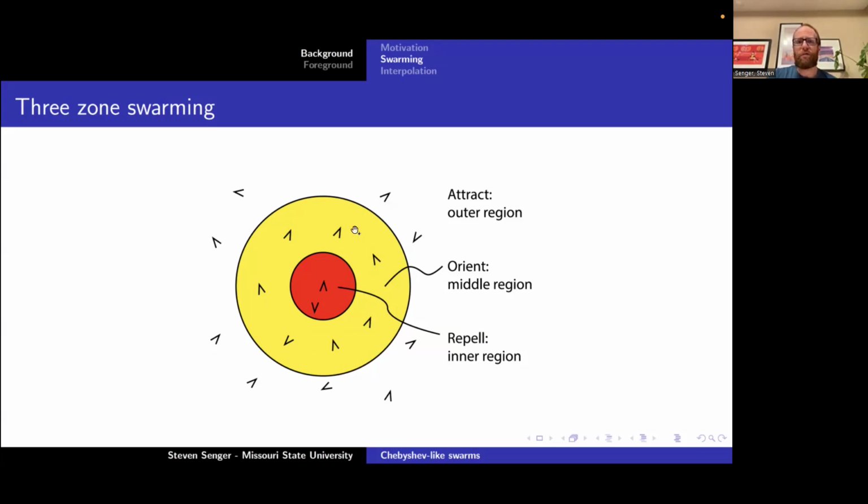We see that maybe they're pointing in slightly different directions, but the overall average direction is upward, right? So this one's kind of up, this one's kind of up, kind of up, kind of up, kind of up, kind of down. But if this robot wasn't here, we'd still probably be pointing upwards.